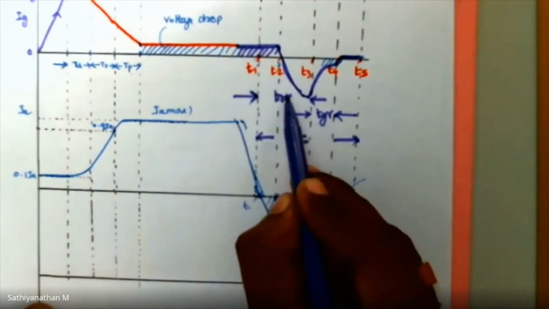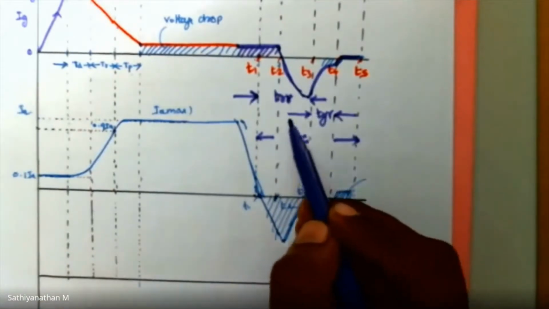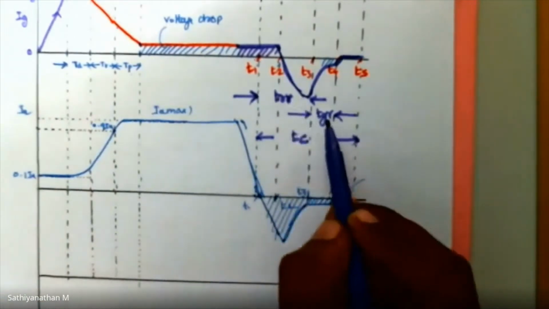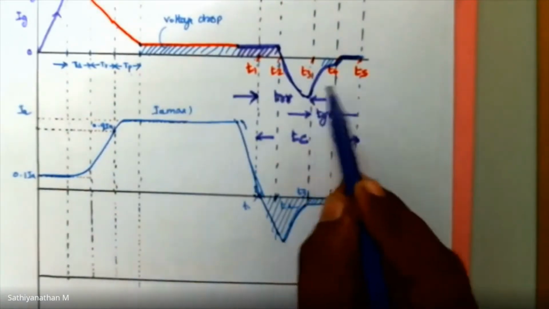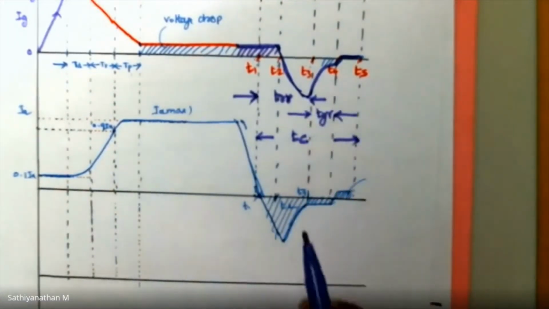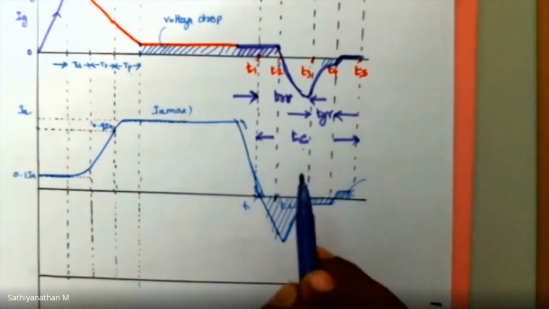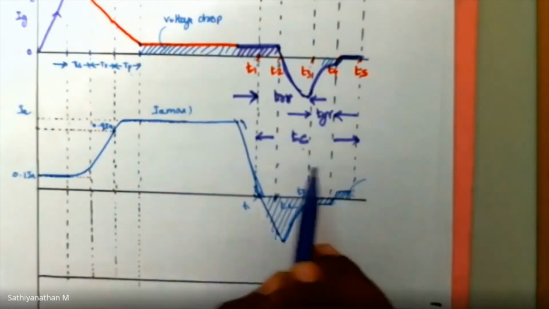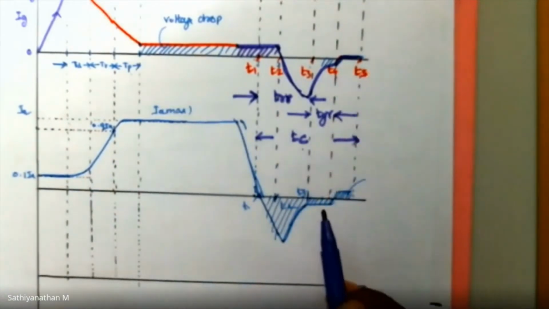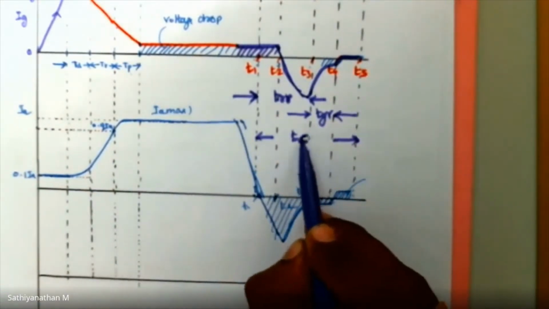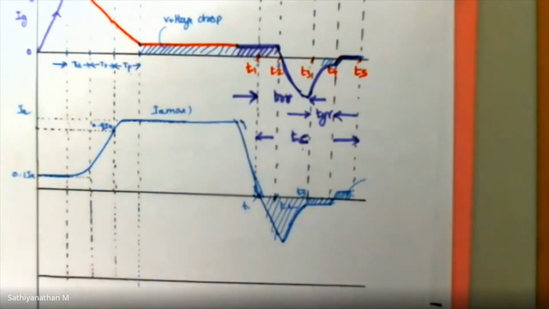T1 to T3 is called reverse recovery time. It is like your diode, but we are adding one more time interval from T3 to T4 that is called gate recovery time. And the third one is as a whole: if you add these two along with the T4 to T5 time period, that is called circuit recovery time. The entire SCR circuit comes to off during this interval.